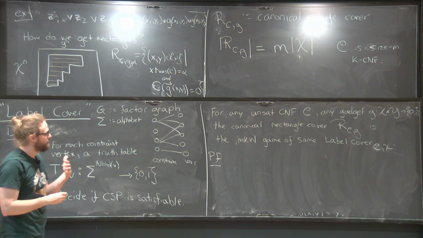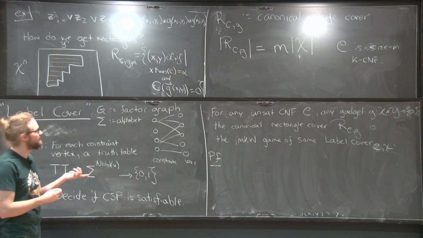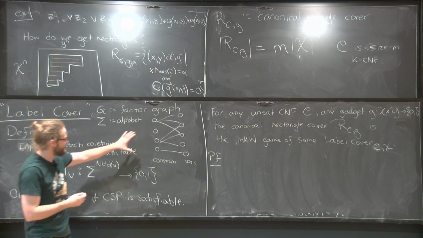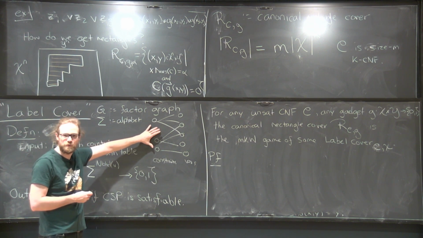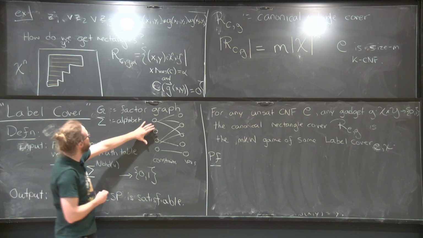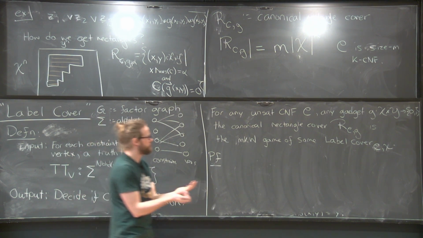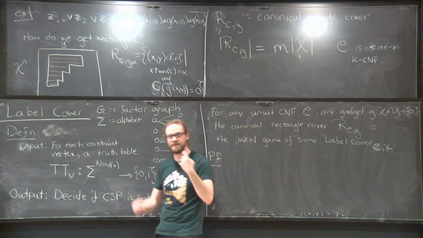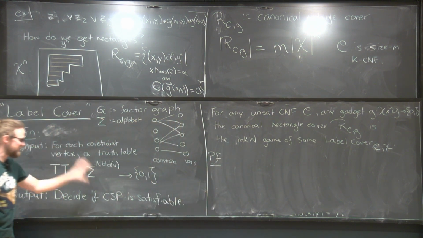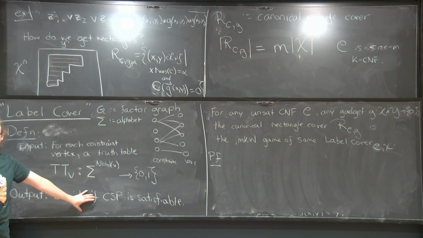Okay. Well, the proof's actually going to be pretty easy. What you should think of is that the type of instances we're going to embed are, in the yes case, very simple. They'll just correspond to CSPs that have exactly one satisfying assignment.